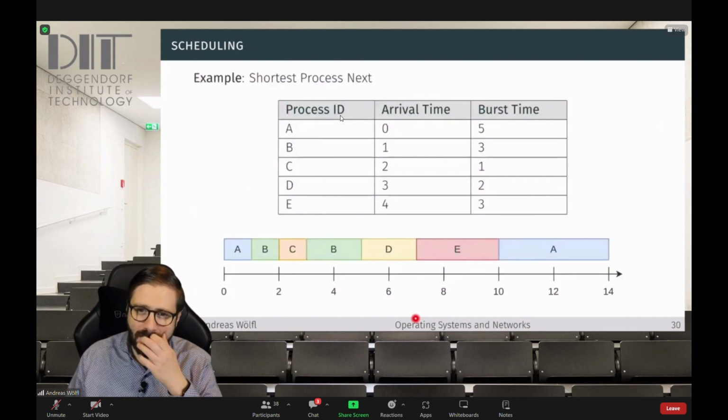So we have our table again. Process IDs A, B, C, D, E, arrival times 0, 1, 2, 3, 4, and we have the burst times.